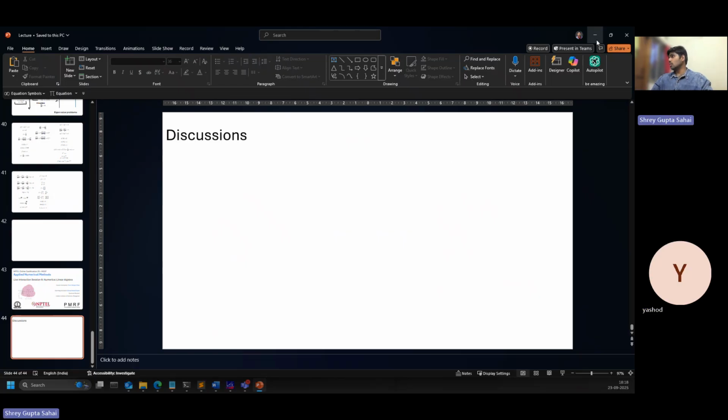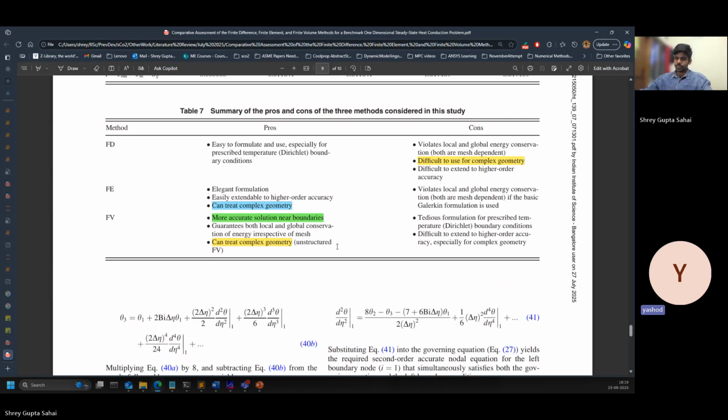Yeah. For example, what I meant to say is we have this one-dimensional heat conduction equation, with the double derivative of temperature with respect to the spatial dimension and a single derivative with respect to time. That we can formulate using finite difference, and we can also formulate using finite element.